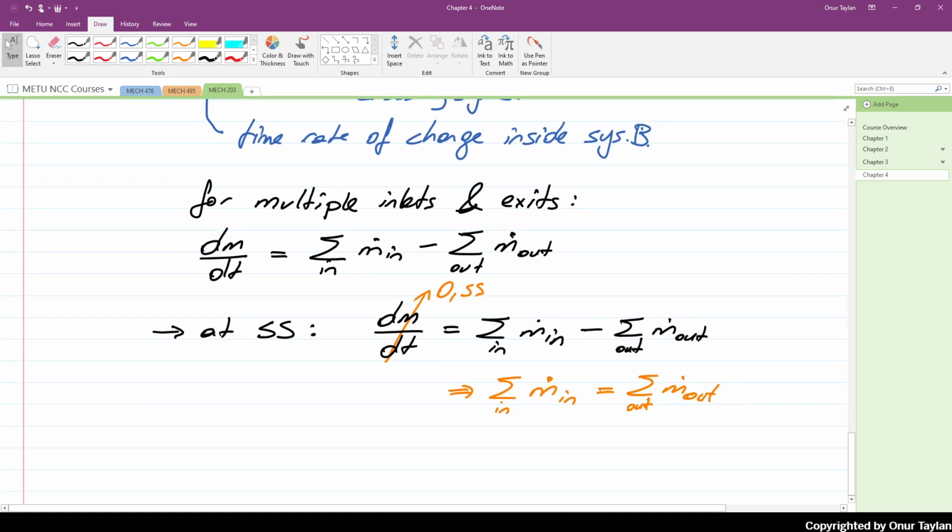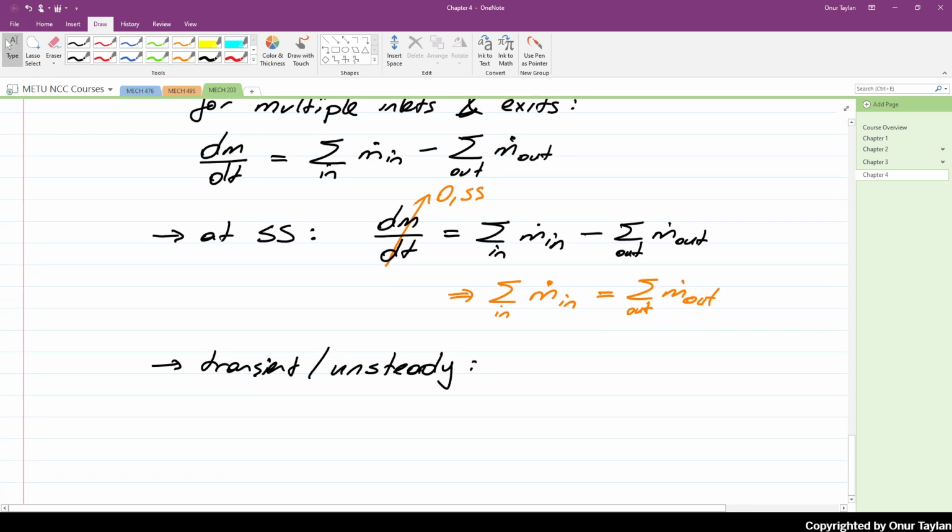If you have a transient system, sometimes this is referred to as unsteady, the opposite of steady, but typically I use the term transient.